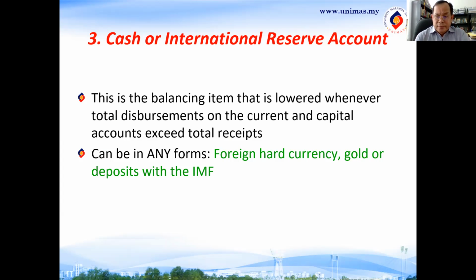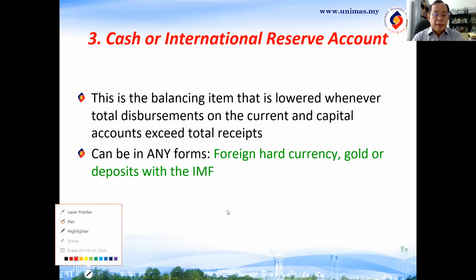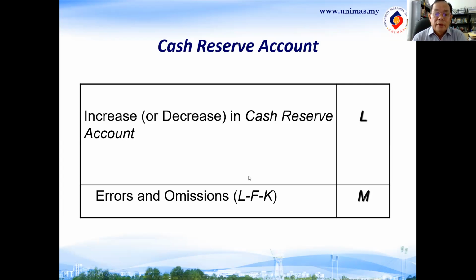Gold is also a form of reserve, but the value of gold may change. And also deposits with the International Monetary Fund. Those are the forms of reserve that a country can have, and a country can withdraw this reserve whenever there is a need.